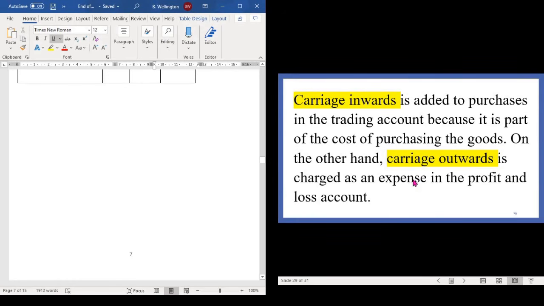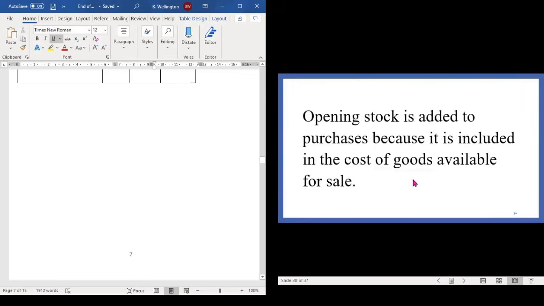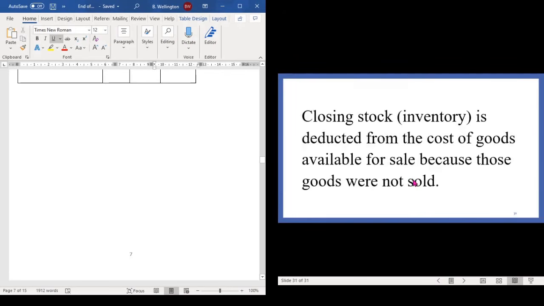It is a profit and loss item. It is an expense. Opening stock is added to purchases because it is included in the cost of goods that are available for sale. And closing inventory is deducted from the cost of goods available for sale because those goods were not sold.